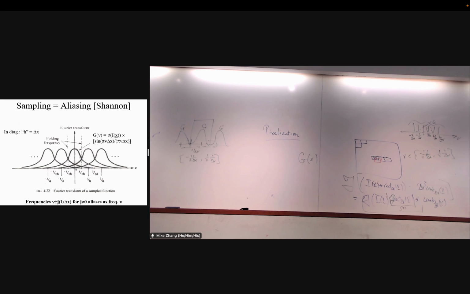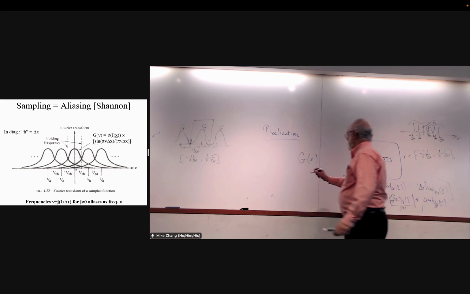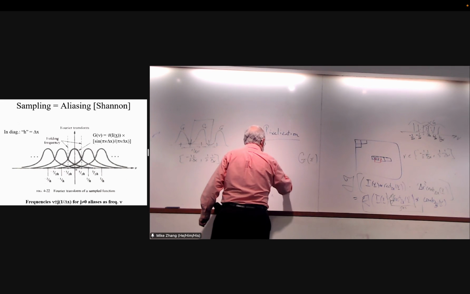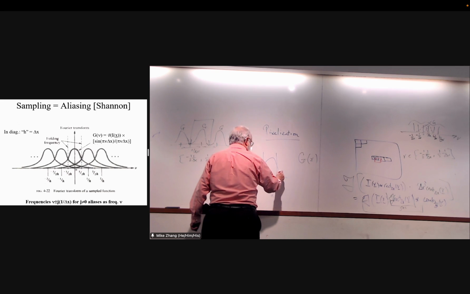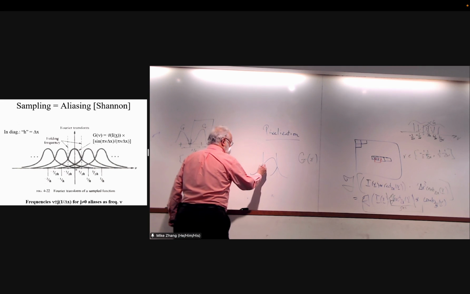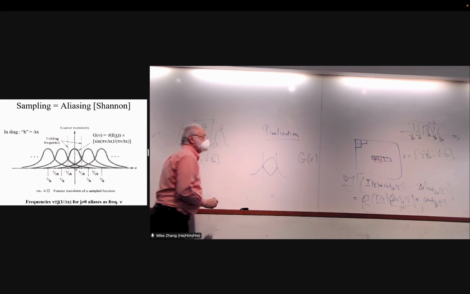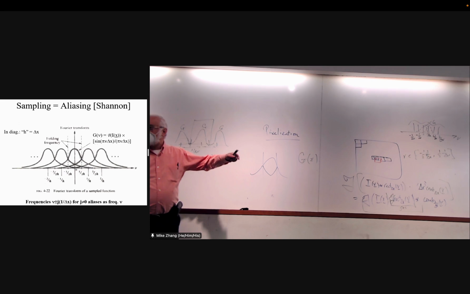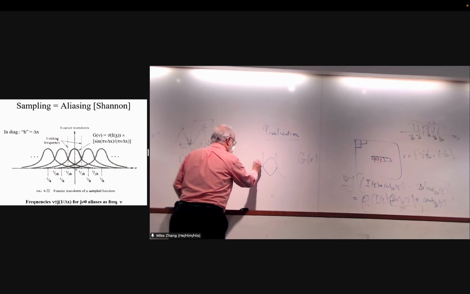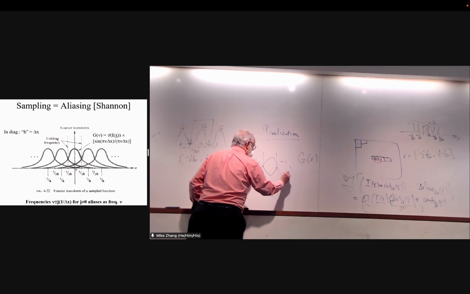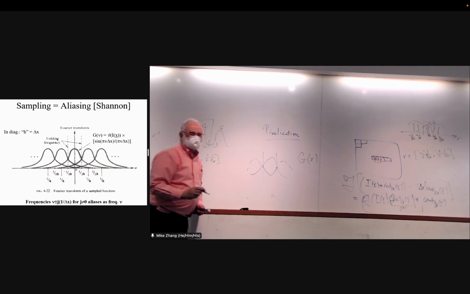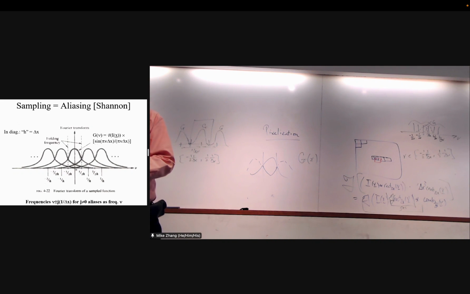So you can understand it as this. If this is the 1 over x, then this guy appears over here. And this guy appears over there. Right? It folds back. That's because it's really coming from the other copy.